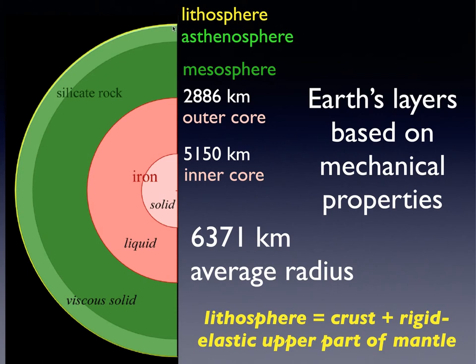Below that crust is a part of the upper mantle that is strong and solid and supports the crust. Below that is a part of the upper mantle called the asthenosphere, which is also solid, but it's hot enough so that it is weak enough so that it's able to flow, kind of like silly putty.